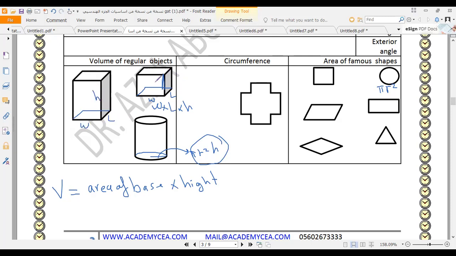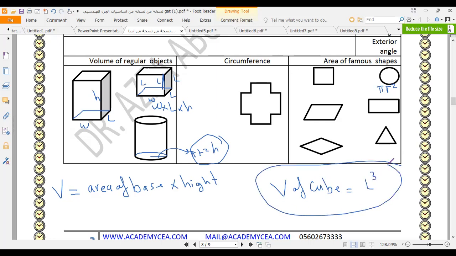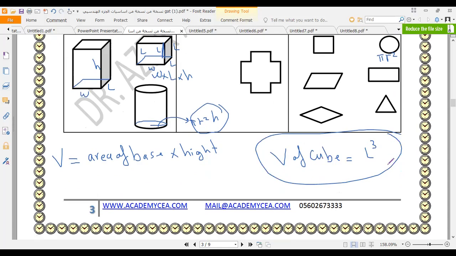The cube is a special case, because all sides of the cube are equal, so we can say it is L, L, L. So the volume of a cube is the cube of the side, L cubed, okay? Please write this one here.